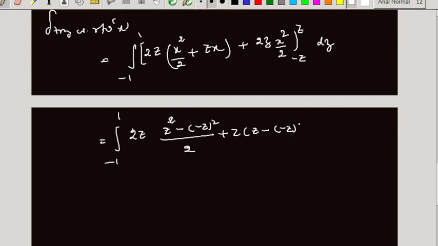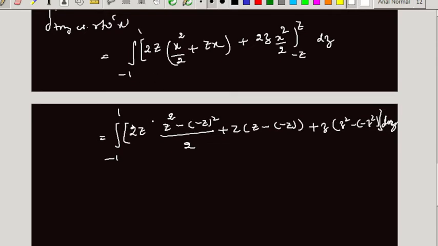So we do it carefully. Plus here 2 gets cancelled, z into upper limit z square minus z square. So here 2z open bracket till here. So we are getting z square minus z square. This becomes 0. This one is 0 and this one becomes 0.